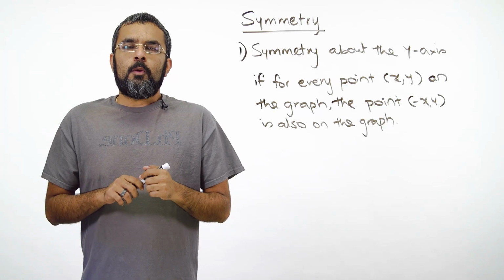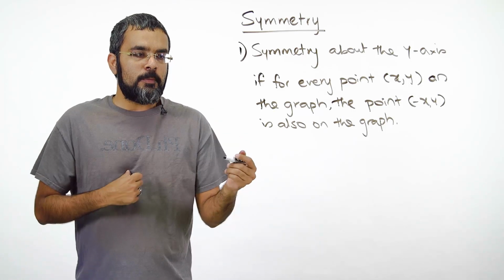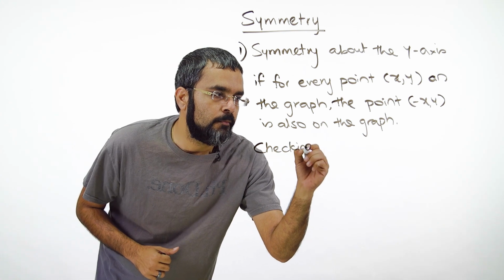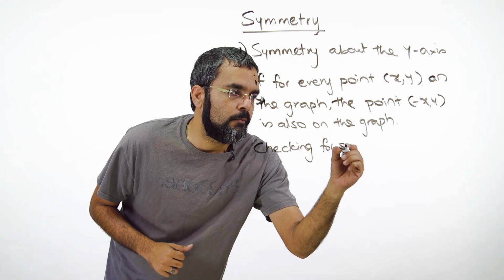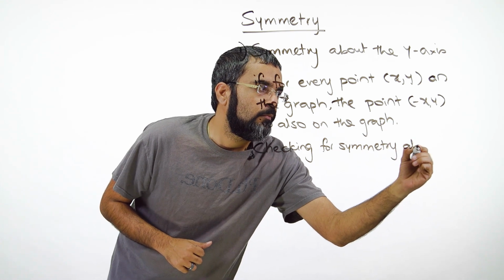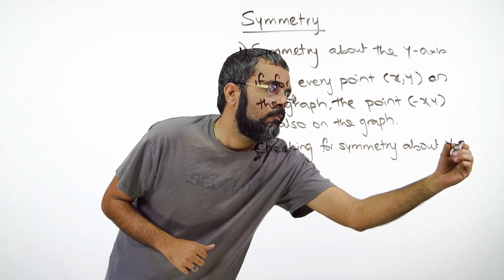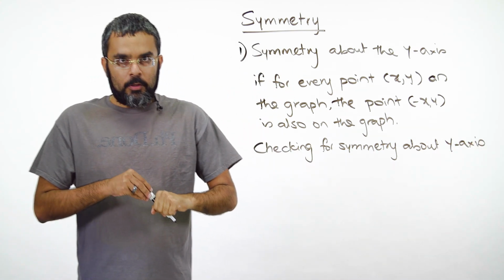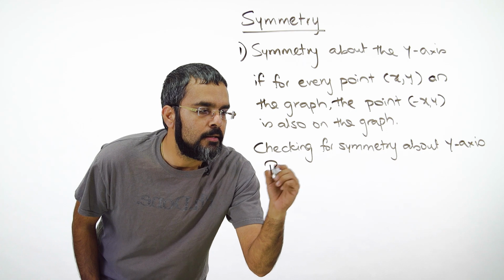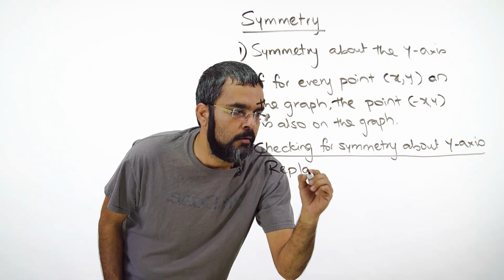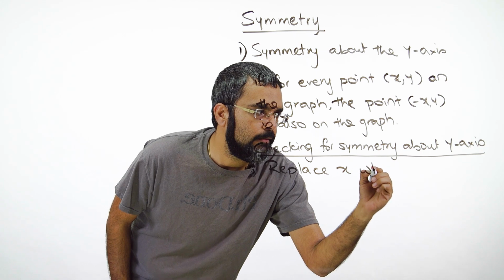Okay, so how do we check for symmetry? So we check for symmetry in the following way. Checking for symmetry. The way we check for symmetry about the y-axis is we replace x with negative x.